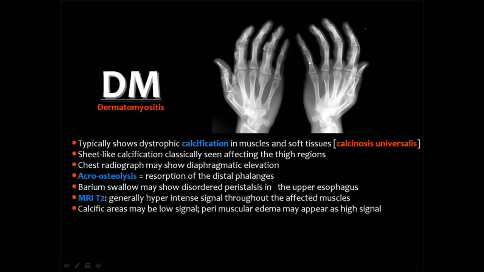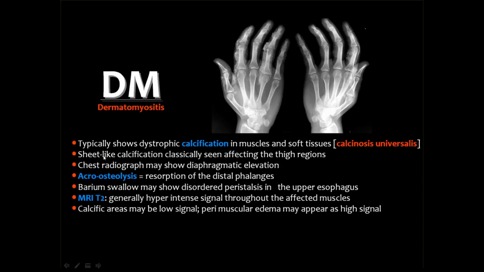Then this disease is easily diagnosed from the plain films by the presence of sheets of dystrophic calcification in the muscles and the soft tissues. And this is known as calcinosis universalis. Calcinosis universalis means that there is calcium in the soft tissues, in the skin, as well as in the muscles.